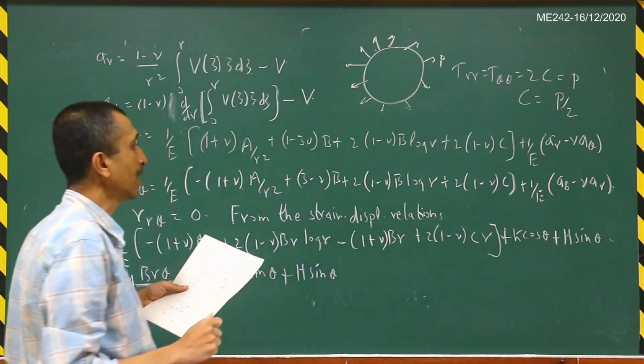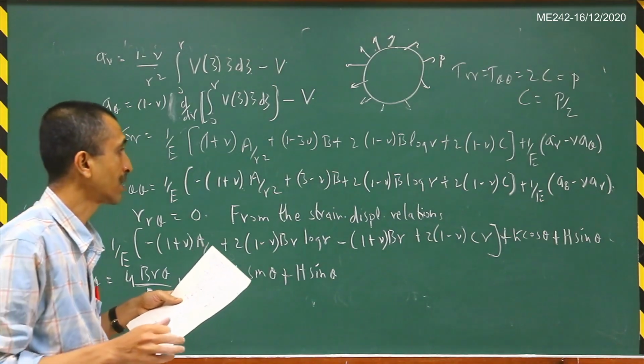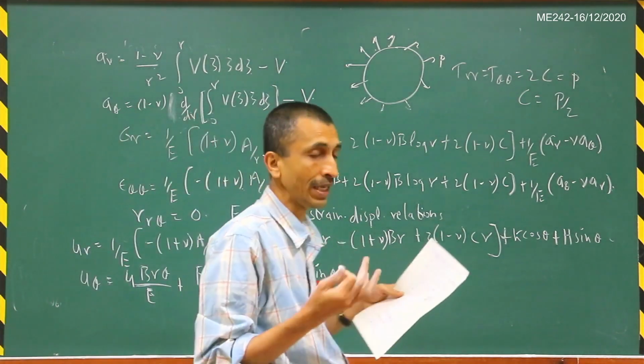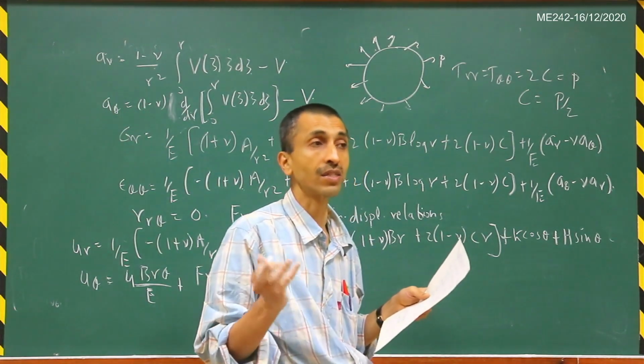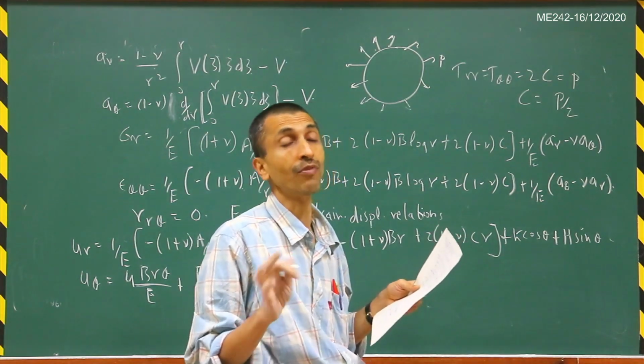So you can see that is what I mentioned right at the beginning of this class: your phi is a function of r, hence the stresses are also only functions of r, but your displacements can be functions of r and theta.